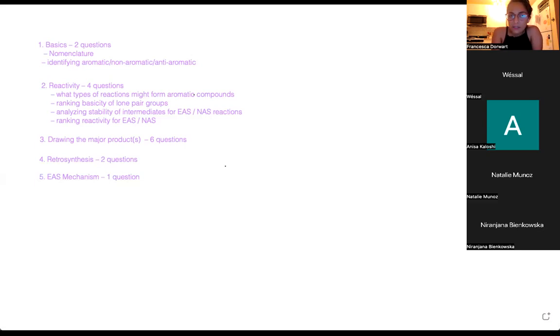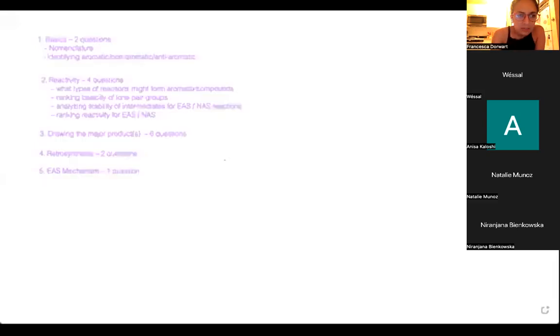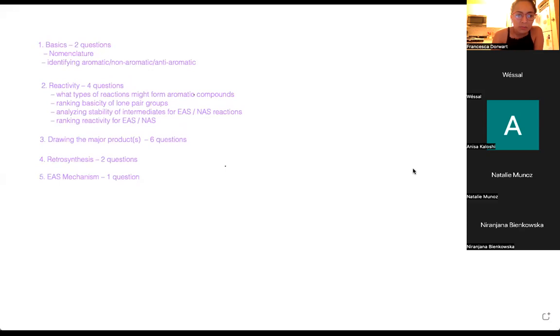Because I will say each of these sections is roughly equivalent in the number of points. I think they're all about 30 to 40 points each, okay? So the test is going to be 210 points again, okay? It's just the way it worked out. And I think basics is, let's just say basics is 40 points, reactivity is 60 points, drawing products is 40 points, retrosynthesis is 40 points, and the mechanism is 30 points.